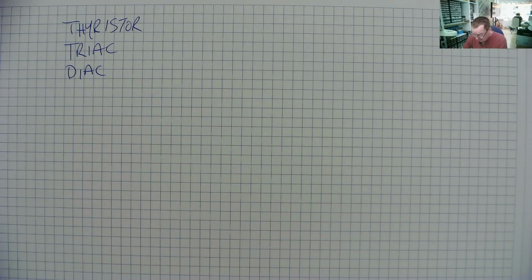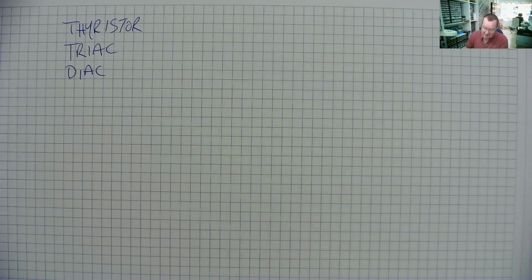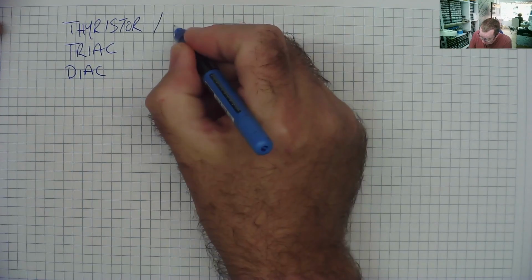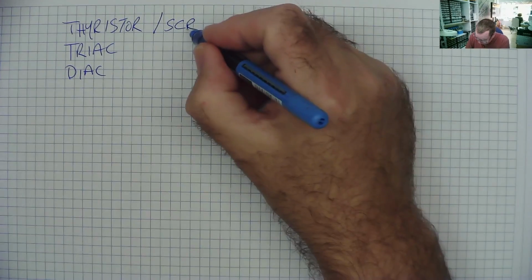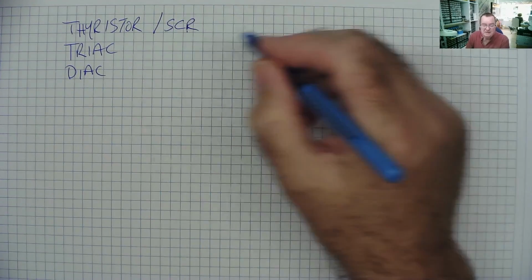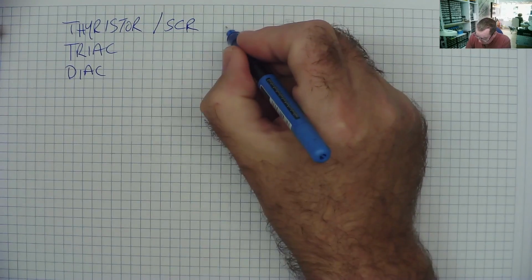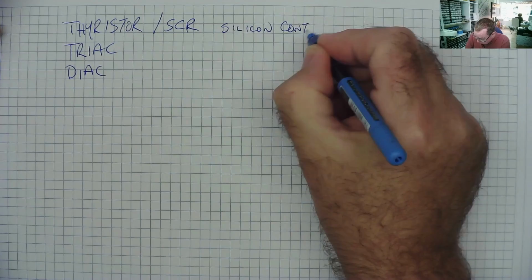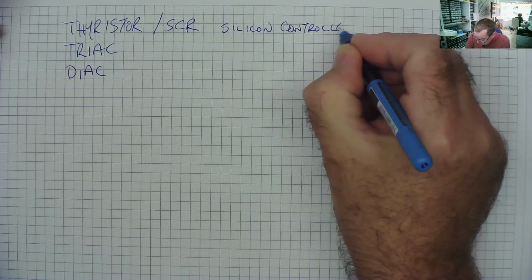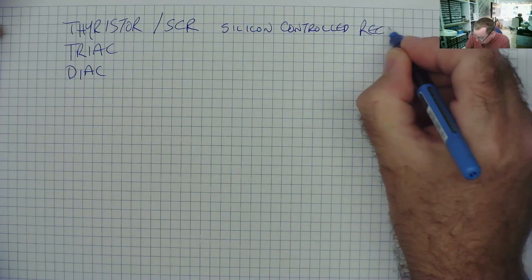So a thyristor also has another name, which is SCR, and you'll sometimes see them called SCR, and this in itself is an abbreviation, and it stands for silicon controlled rectifier.